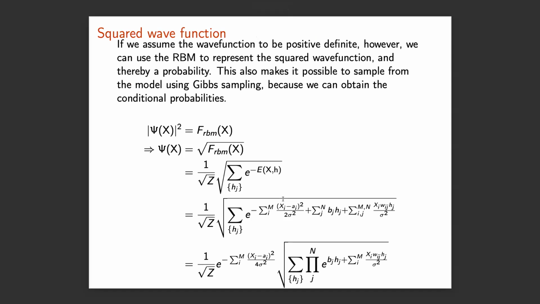So what is more common then is to make this approximation here. If we assume it to be positive definite, so this is really an ideal quantity for bosons, then we can use the RBM to represent the squared wave function. This also makes it possible to sample from the model using, for instance, Gibbs sampling, because you can obtain conditional probabilities.